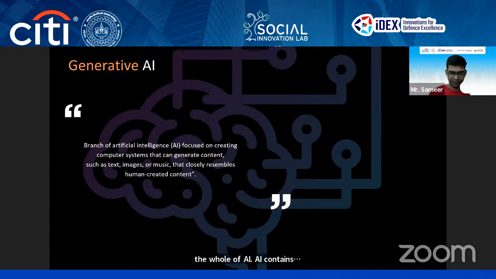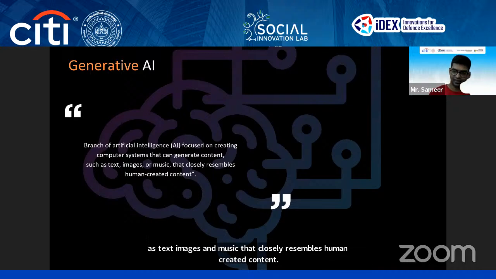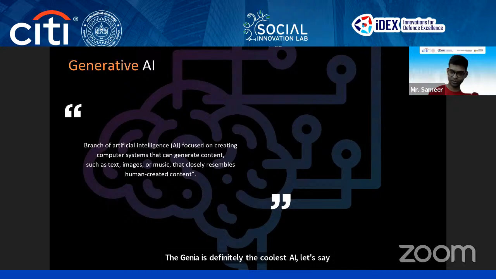So Gen AI is actually just a branch that is more focused on creating computer systems that can generate content such as text, images, and music that closely resembles human-created content. Gen AI is definitely the coolest AI. Let's say it is the most fascinating AI because anyone can use it.